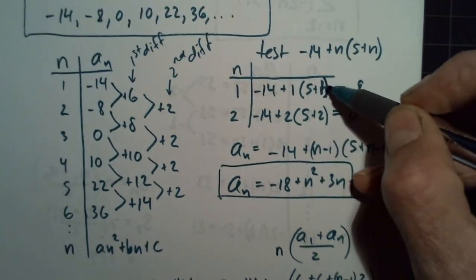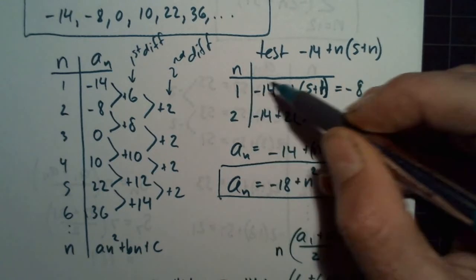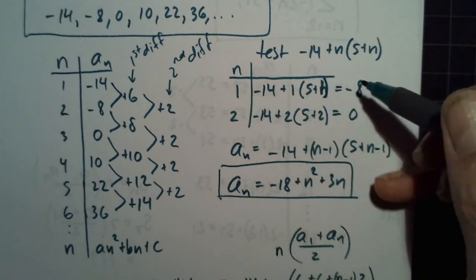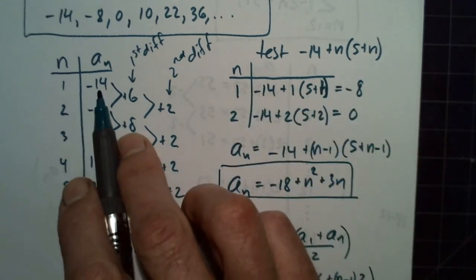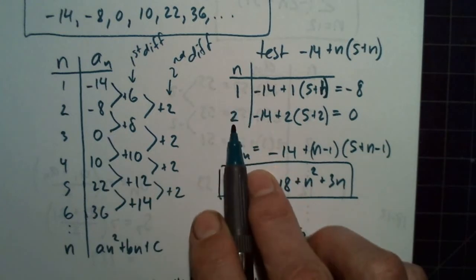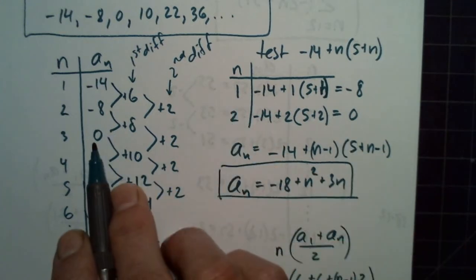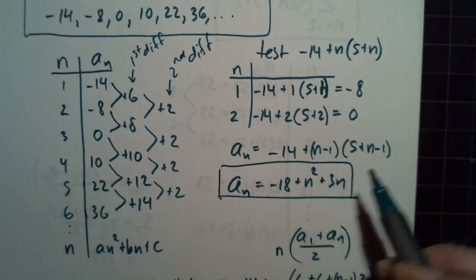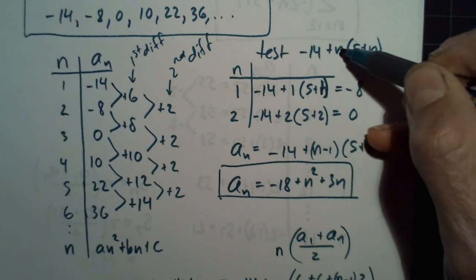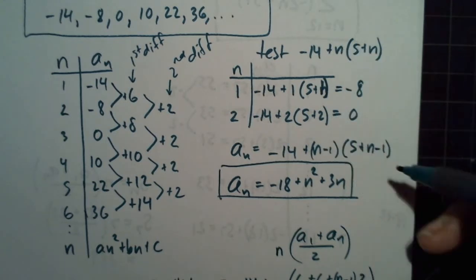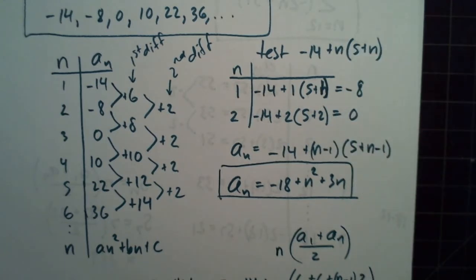The next step is testing that. We came up here and tested. When you put in a 1, you get a negative 8, which we didn't want to get. When you put in a 2, you get a 0. We didn't want to get that. So just change all the n's into an n minus 1.